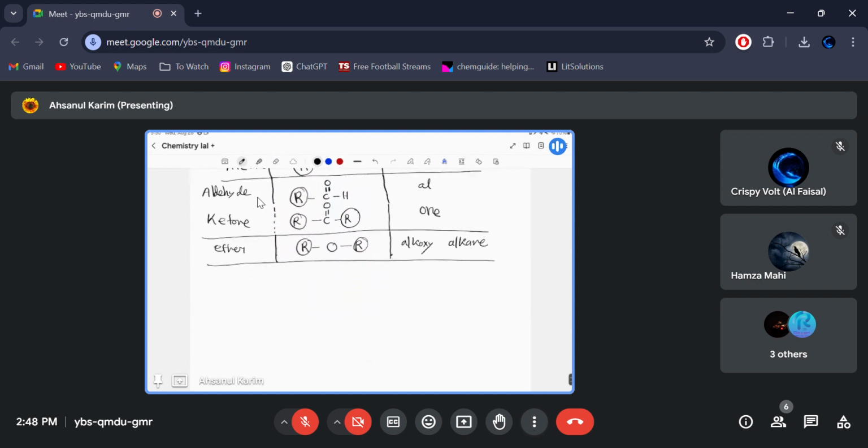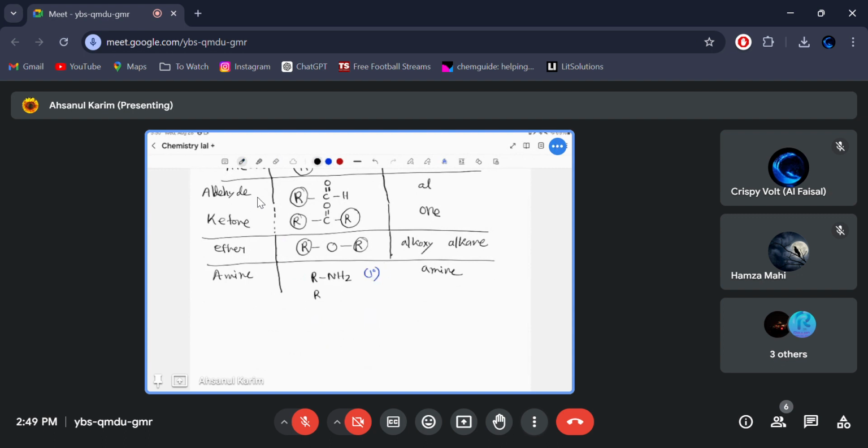After that, thioalcohol and thioether are out of the syllabus, I think, so I'm not discussing them. Yes, we have amine. Whenever there is an amine, you have to include amine, and this is a 1 degree amine.